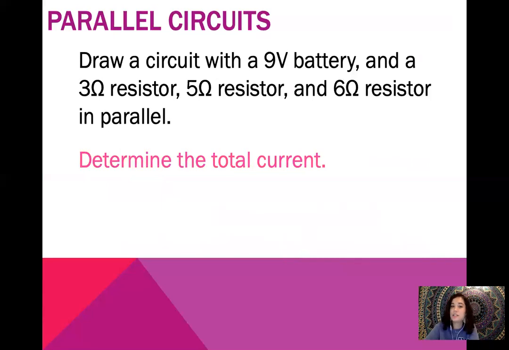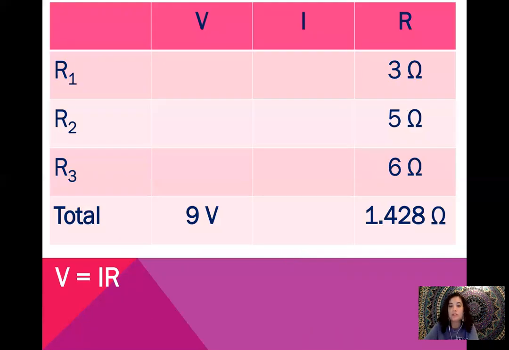All right, next we're going to determine the total current. So going back to V equals IR, helpful hint for you also. If you are trying to do this on paper, I always like to write V equals I times R up at the top. I don't know why this formula sometimes escapes my memory, but it do.